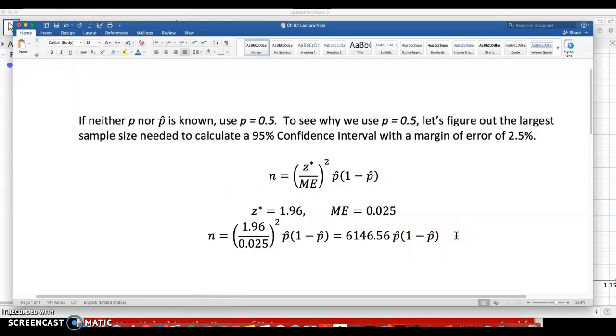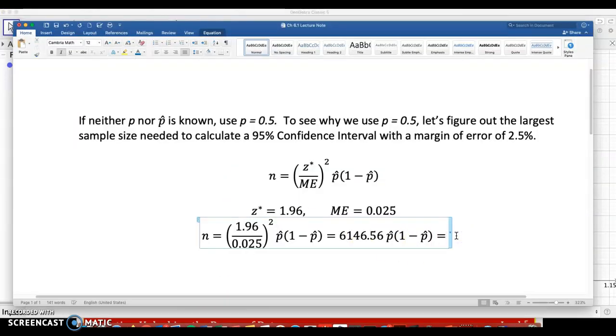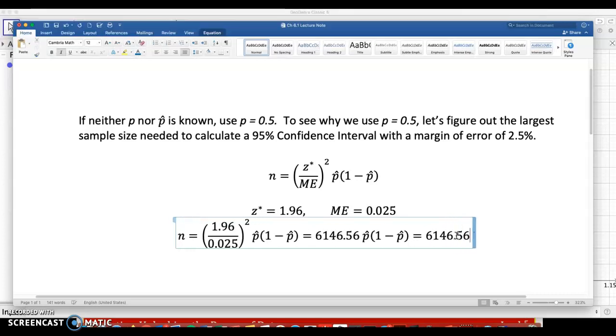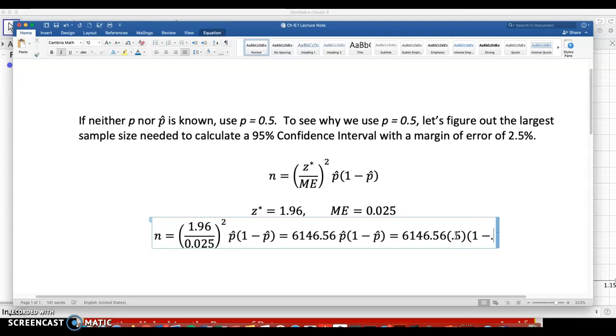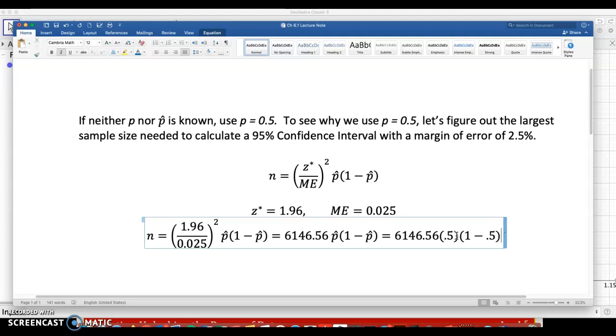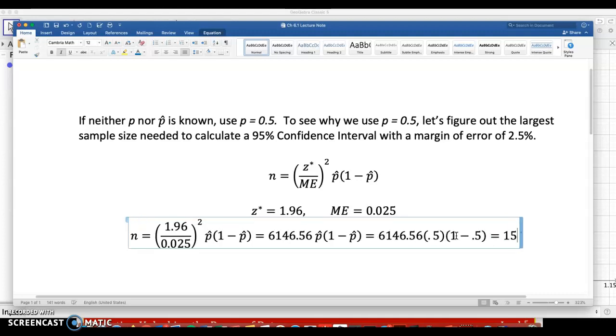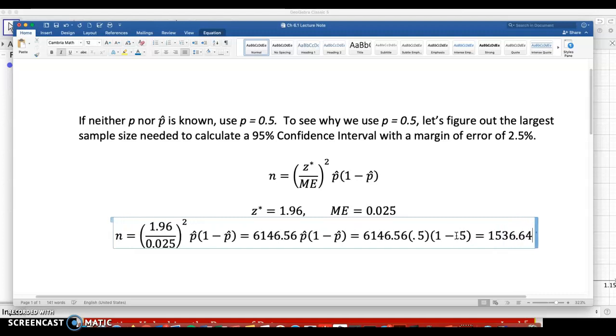So if we go back to the formula and plug that in, we get 6146.56 times 0.5 times 1 minus 0.5. And if I throw that in my calculator, that ends up being 1536.64.